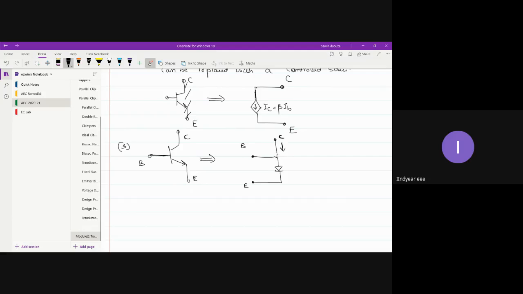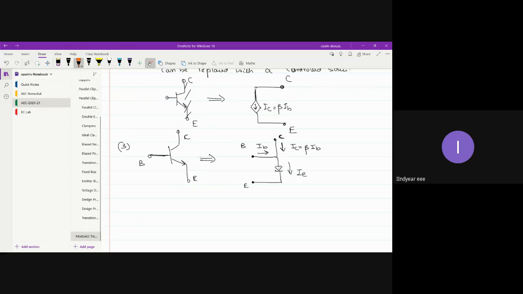Through the collector terminal, current IC flows. IC can be given as beta times IB, correct? And through the base terminal, base current IB flows, and through the emitter terminal, emitter current IE flows, right?